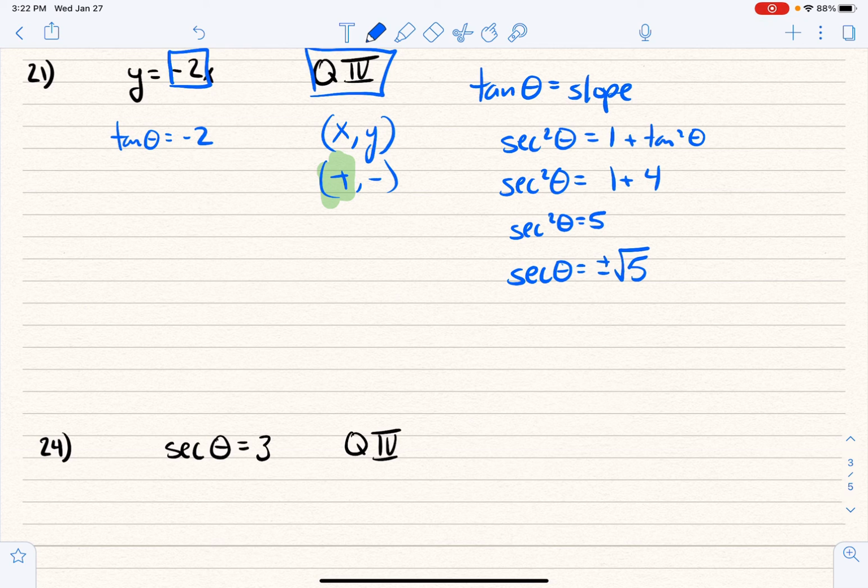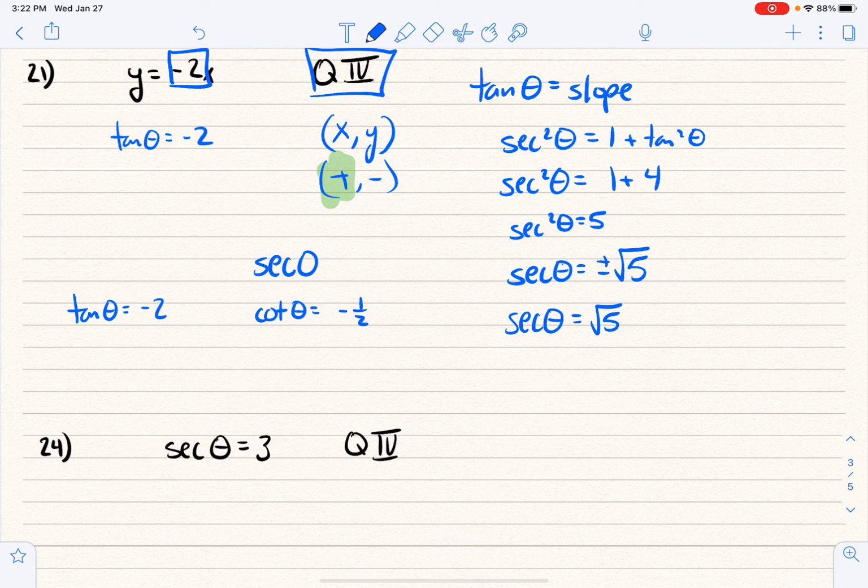And so therefore we look at this and we say, okay, secant theta is equal to positive square root of 5. And so I know that tangent theta is negative 2, which would mean that cotangent theta is negative 1/2. I know that secant theta is equal to square root of 5. So therefore cosine theta is equal to 1 over square root of 5.